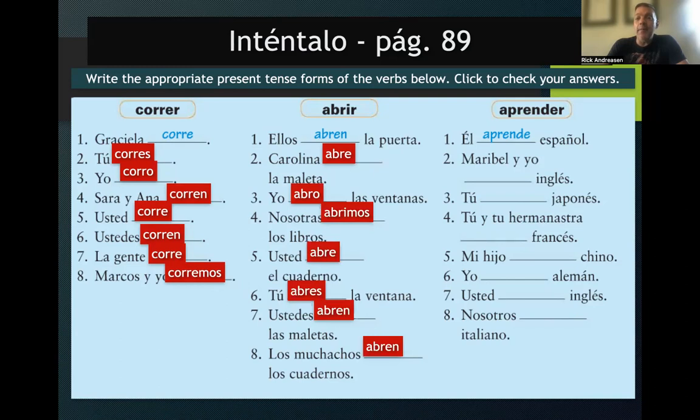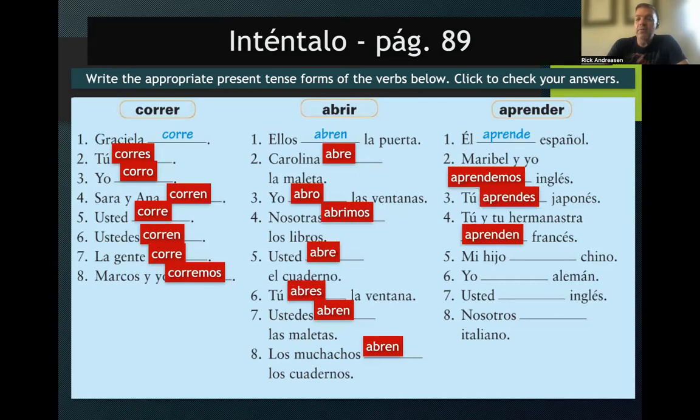Ahora para el verbo aprender. Número 1, él aprende español. Número 2, Maribel y yo aprendemos inglés. ER verb, aprendemos. Número 3, tú aprendes japonés. Número 4, tú y tu hermanastra aprenden francés.